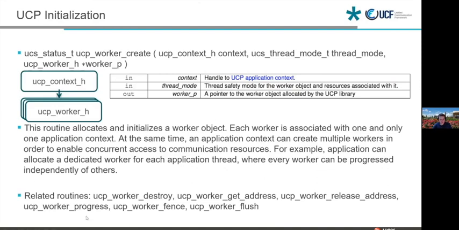And here at the bottom, we won't talk too much about a lot of these, but if you're looking at this later, keep track of the related routines. You can go and look at these in the UCP spec. Obviously, as you might expect, you have something like a destroy routine, get address to the pointer, but then you also have these worker progress functions.